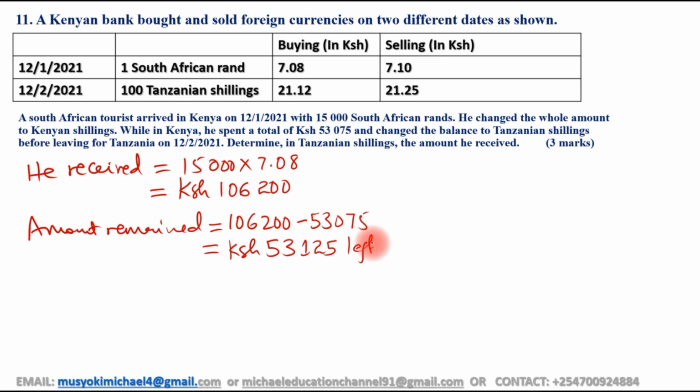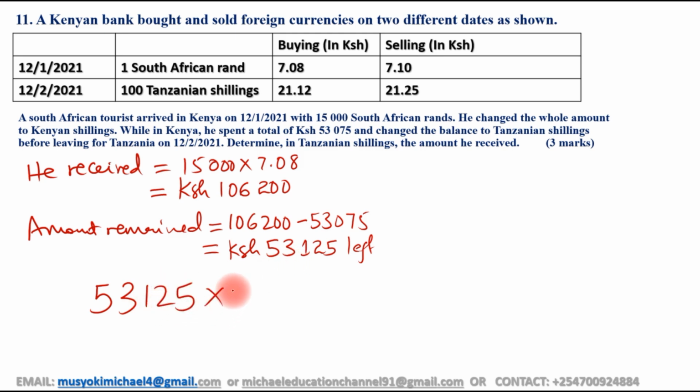The rate was 21 shillings and 25 cents per every 100 shillings, and therefore the bank had to sell 100 Tanzanian shillings for 21 shillings 25 cents Kenyan shillings.